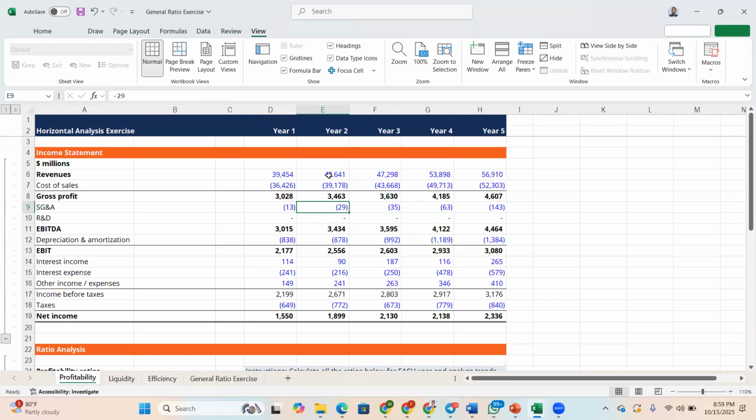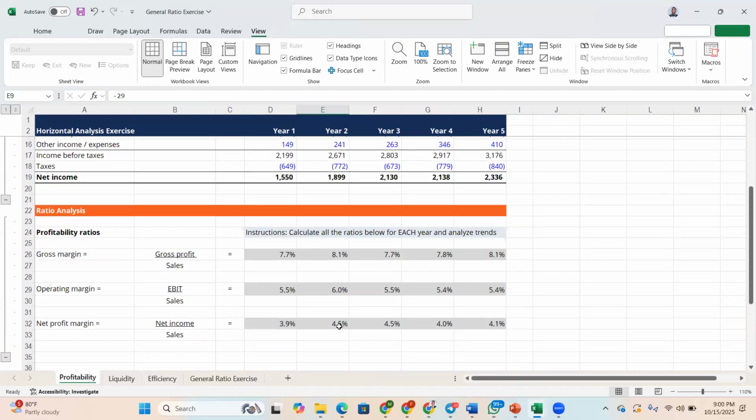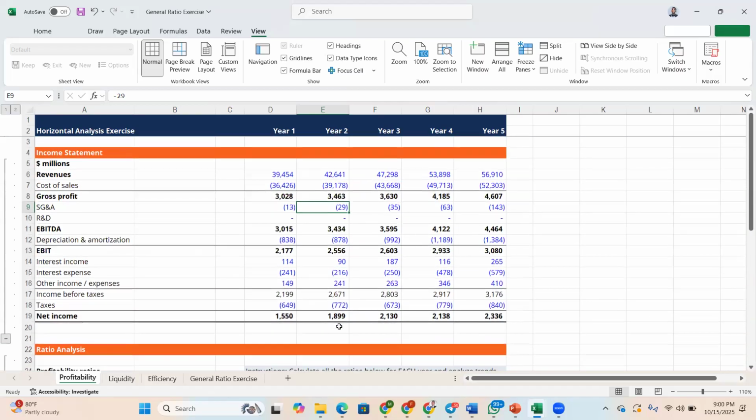So your net profit margin is 4.5, the highest so far.